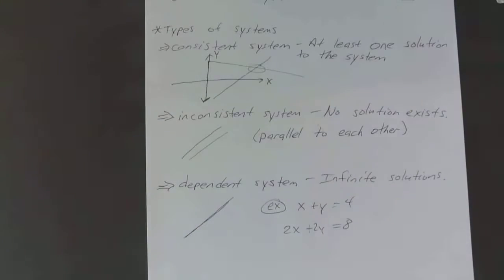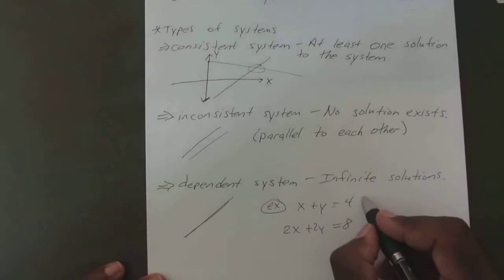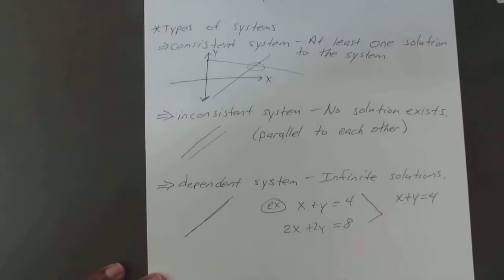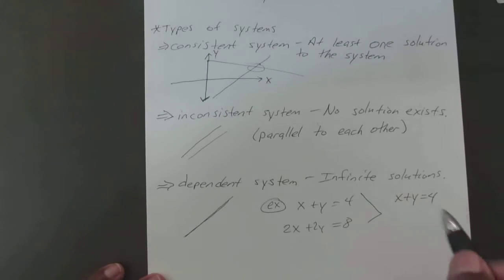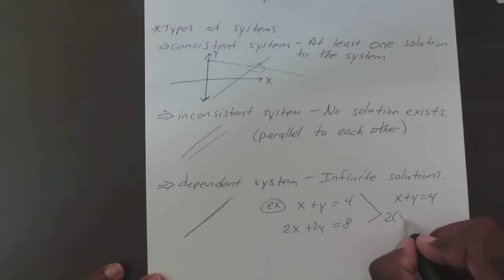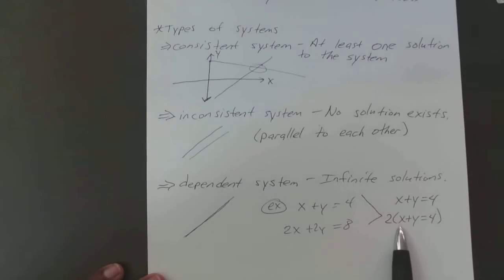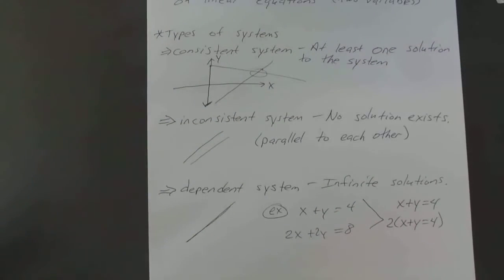These are really just the exact same equation. If you factor a 2 out, you just have x plus y equals 4.